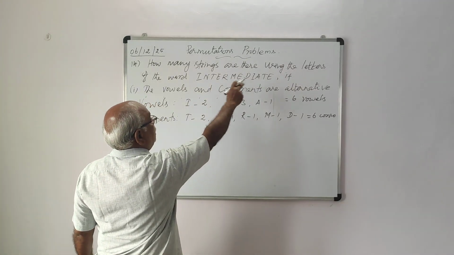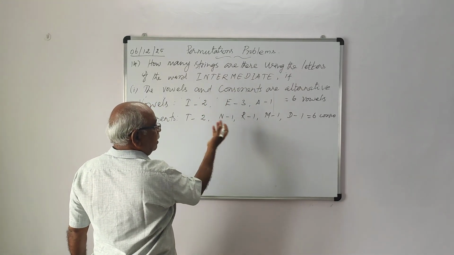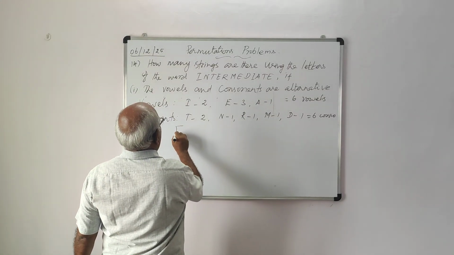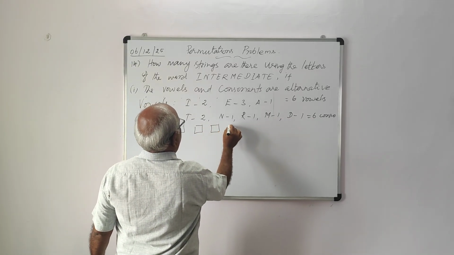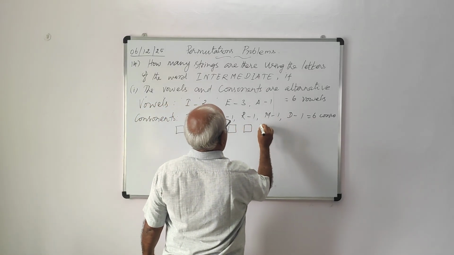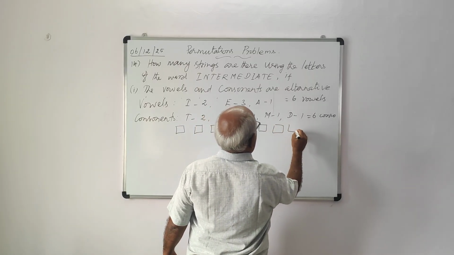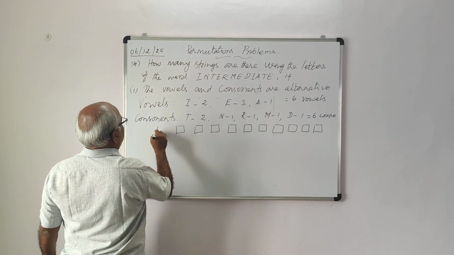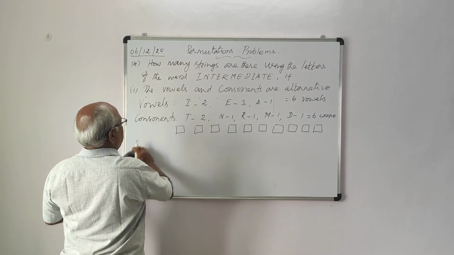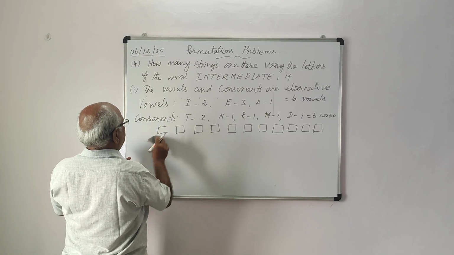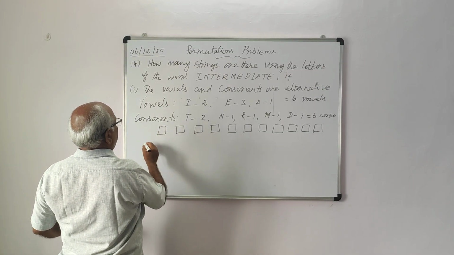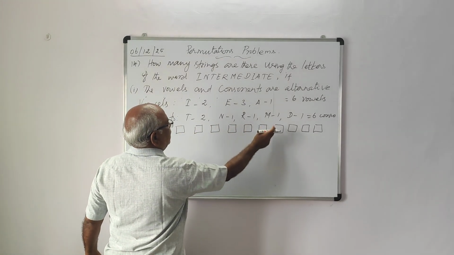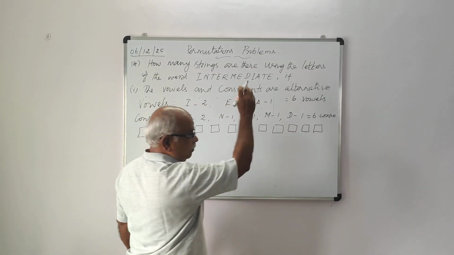There are total 12 places: 1, 2, 3, 4, 5, 6, 7, 8, 9, 10, 11, 12 letters in the word intermediate.